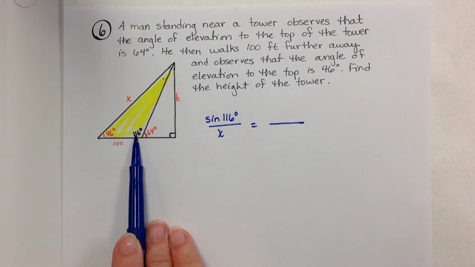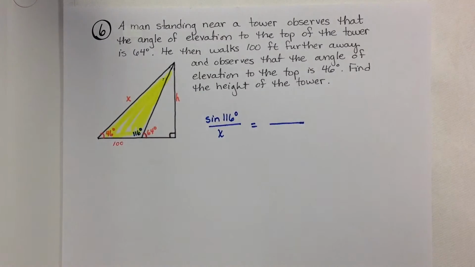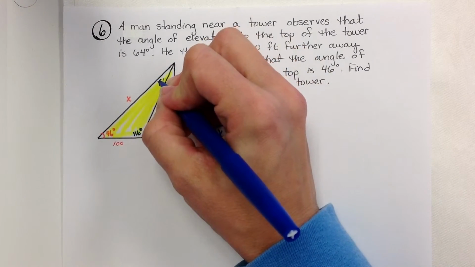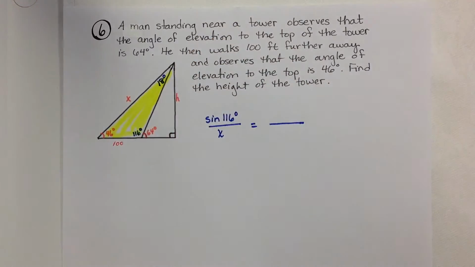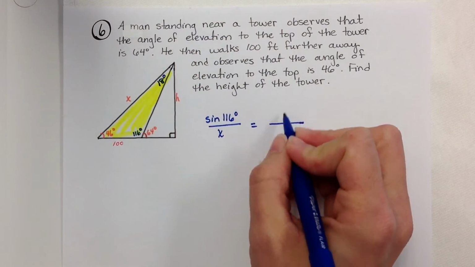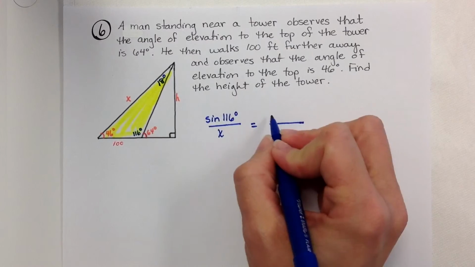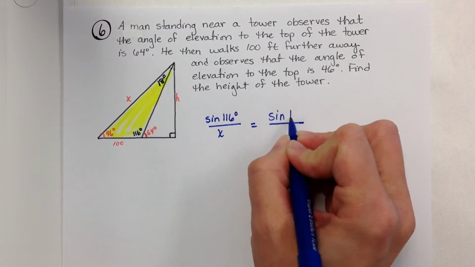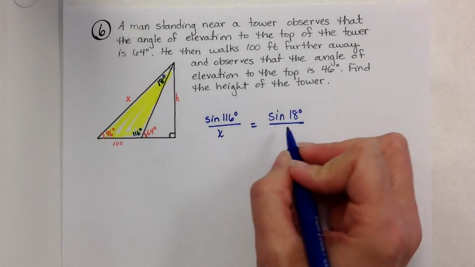But see, now I know these two, I can come up with that one at the top. So 180 minus the 46 minus the 116. So this angle here is 18 degrees. So now my other ratio that I'm going to use in my proportion, I would have sine of 18 degrees divided by 100.